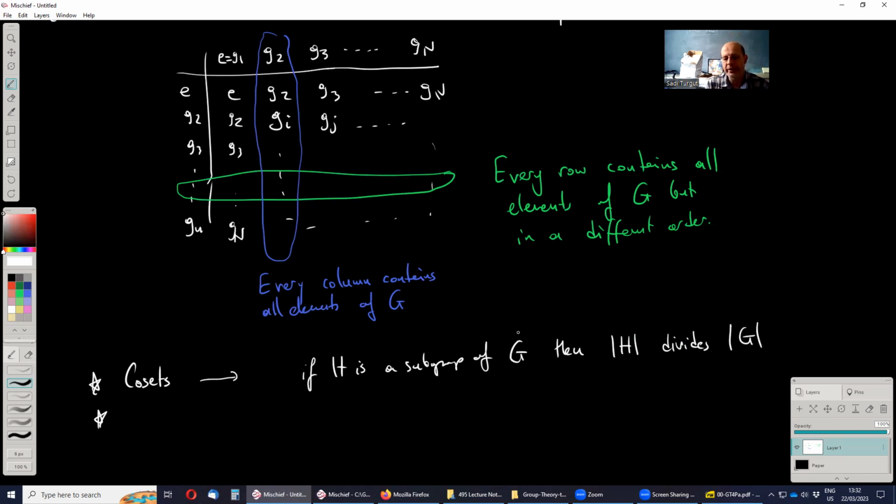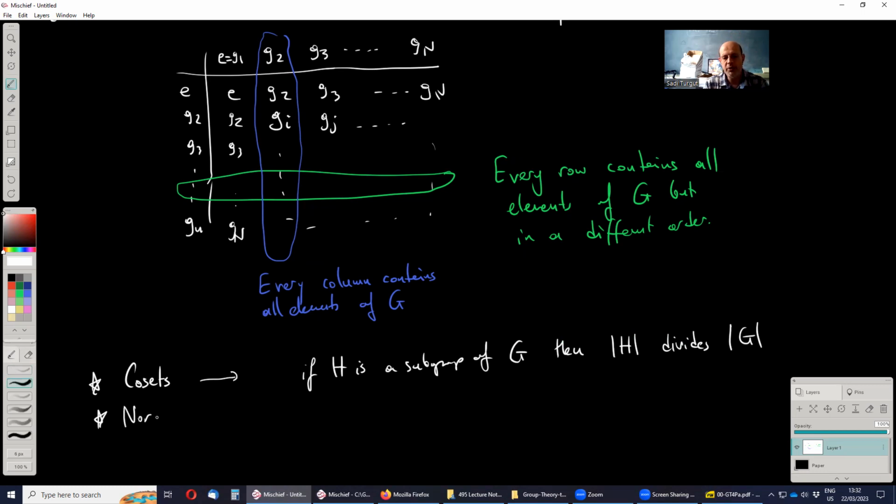For example, if G is a group of order 6, with 6 elements, this group cannot have a subgroup of order 4, because 6 is not divisible by 4. But it tells you that this group might have a subgroup of order 2 or order 3.